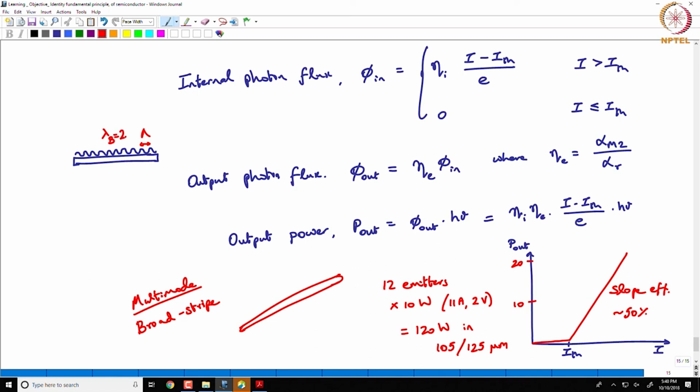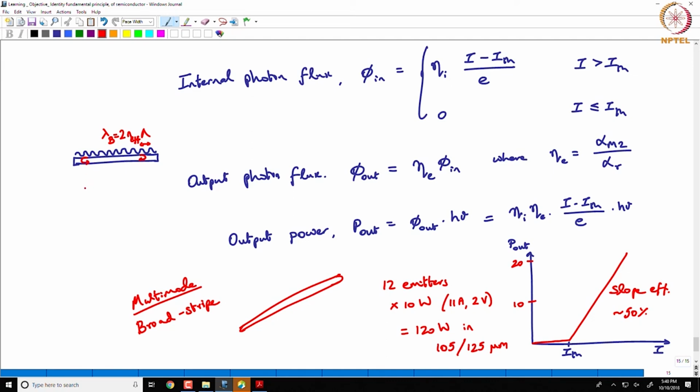Bragg wavelength is given by 2 times n effective times capital lambda. Then that particular wavelength is going to be reflected all along the length of the cavity.